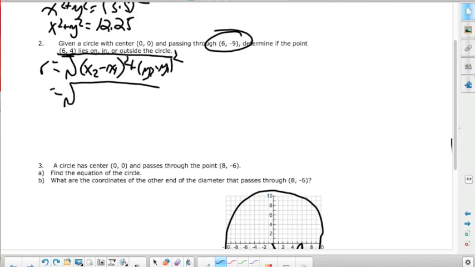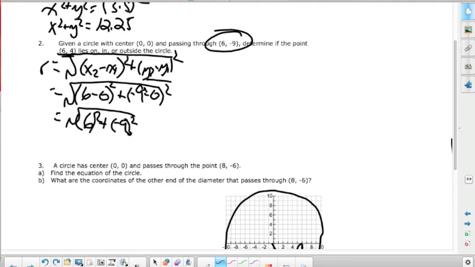Well, this is just the square root of, well, what's x2 here? 6 minus 0 plus negative 9 minus 0 squared. Well, what's 6 minus 0? What's negative 9 minus 0? When we do this for a circle, what are x1 and y1 always going to be?